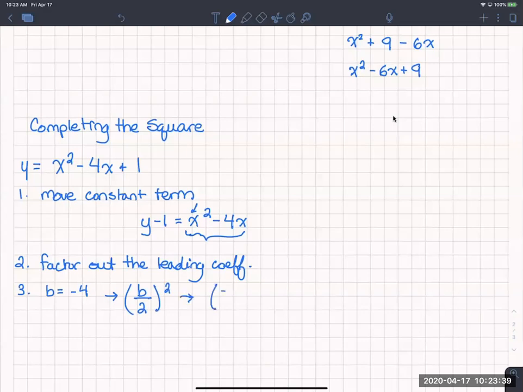So -4 divided by 2, squared. -4 divided by 2 is -2. Squared gives me 4. Now, we take this term and add it to both sides of the equation.